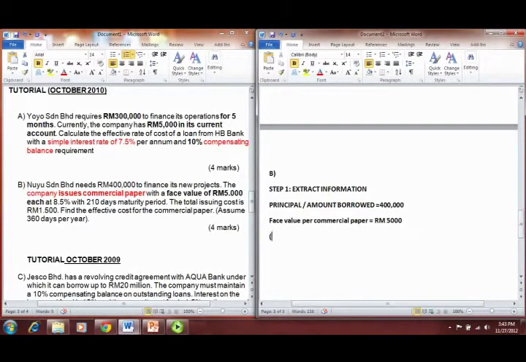You need to know how many papers you need to issue. 400,000 divided by 5,000 equals 80 papers.